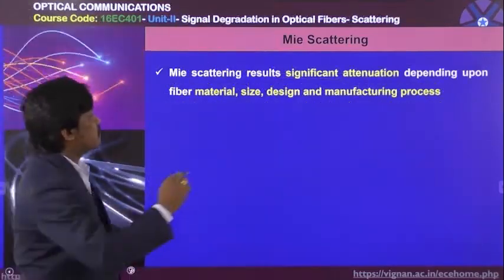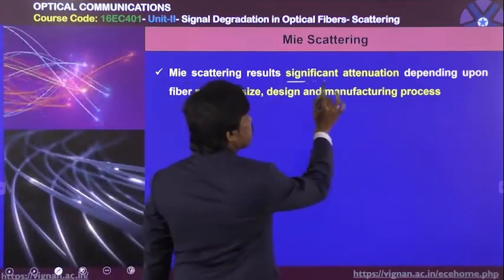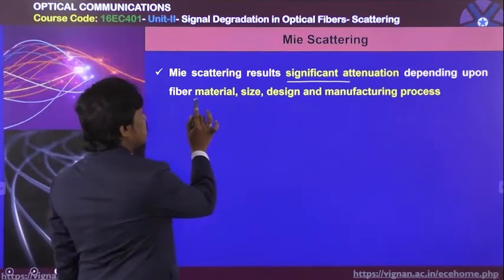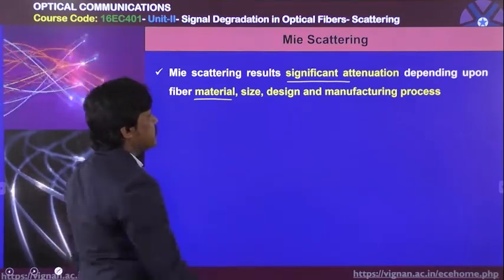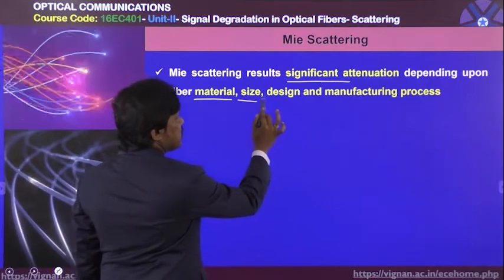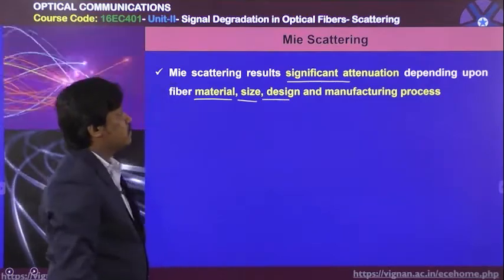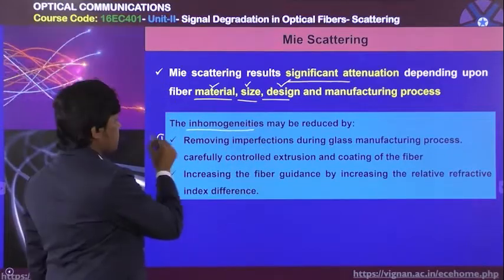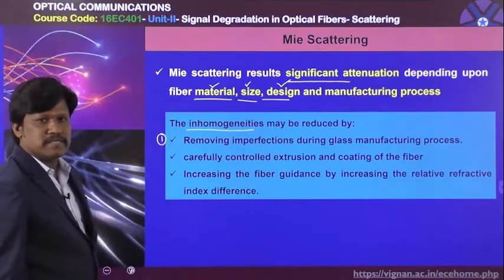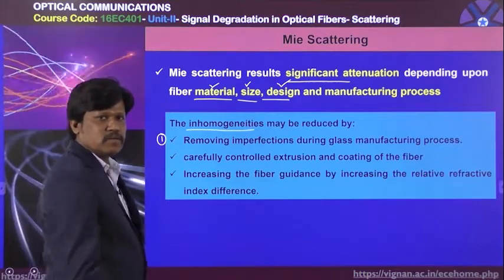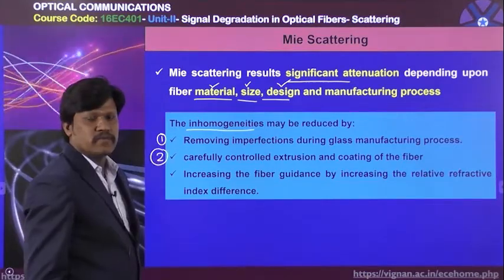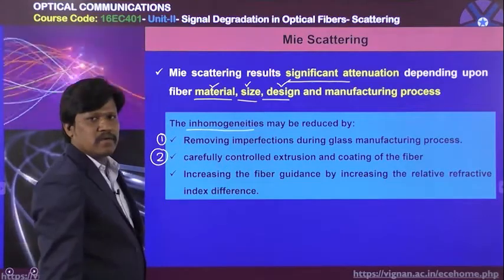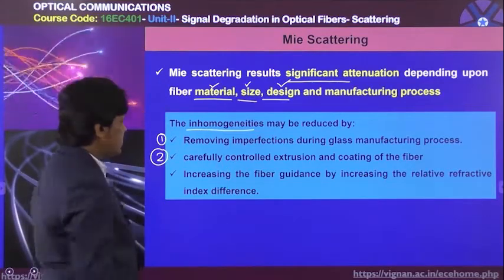Mie scattering results in significant attenuation that depends upon the fiber material, size, design and manufacturing process. These inhomogeneities may be reduced by removing imperfections during the glass manufacturing process, and by carefully controlled extrusion and coating of the optical fiber.